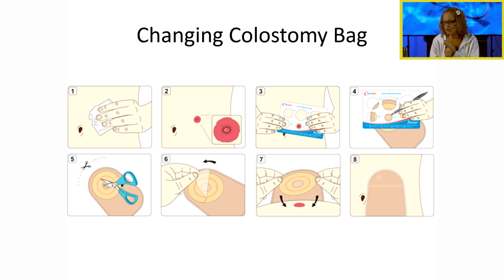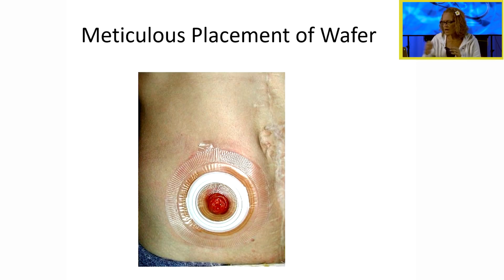We want to observe the skin around the stoma. We want to measure the stoma. Then we want to cut out the proper size on our wafer. We want to put probably some skin protectant down, and then we want to place the wafer over the stoma to collect the stool once we put our colostomy pouch on top of that.